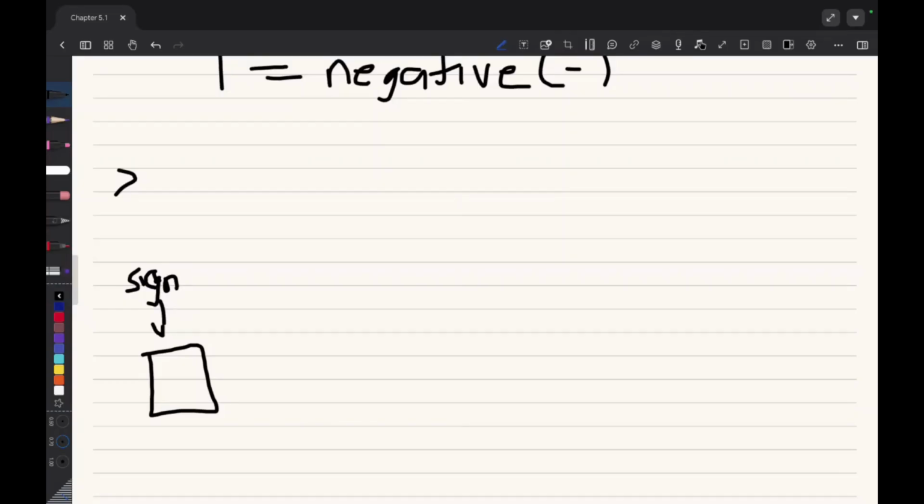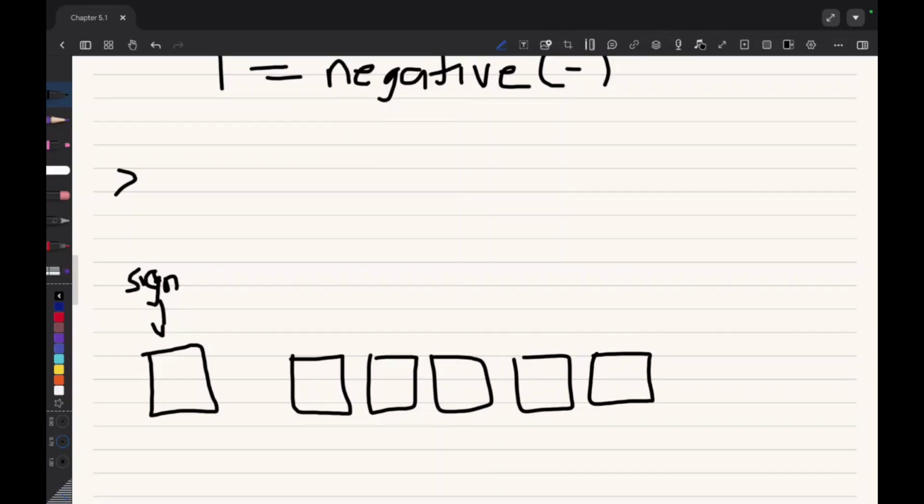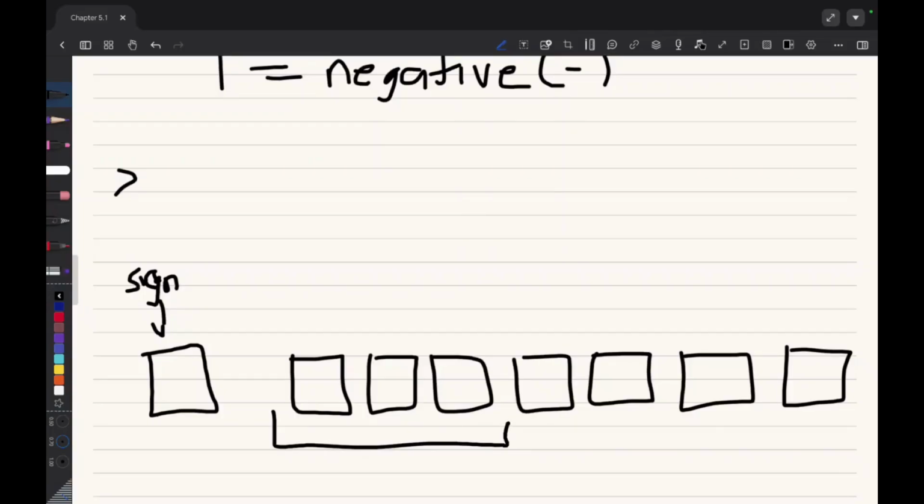All right. And then in that 8 bits, you are left with 7 bits. 2, 3, 4, 5, 6, 7. All right. Now you have these 7 bits. And now in 8-bit notation, we use 3 bits for our exponent. So we take 3 bits and then we say this is our exponent.